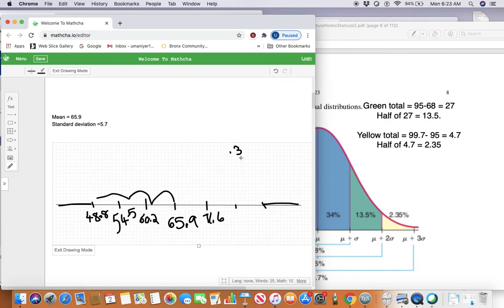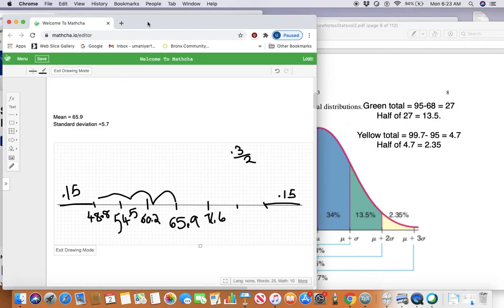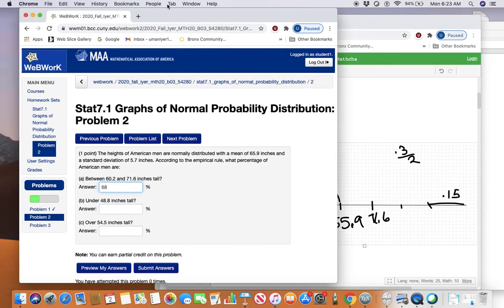Split equally, I divide by 2, so that gets me 0.15 over here and 0.15 over here, percentage, mind you. So that's how much is under 48.8: 0.15.